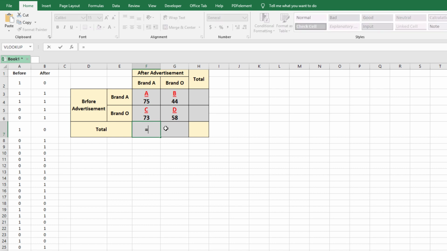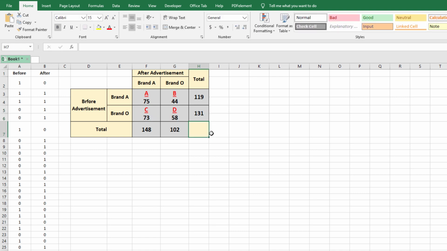Now we need to total it. 53 plus 75, 148. 58 plus 44, 102. Totaling the columns: 75 plus 44, 119; 73 plus 58, 131.